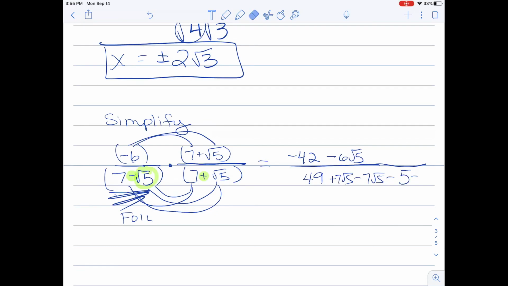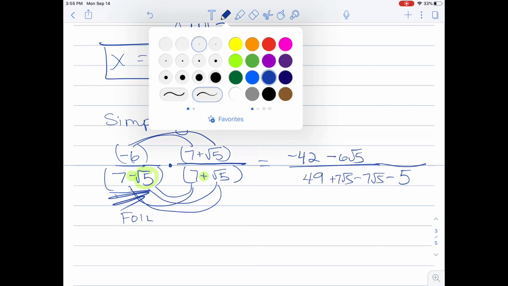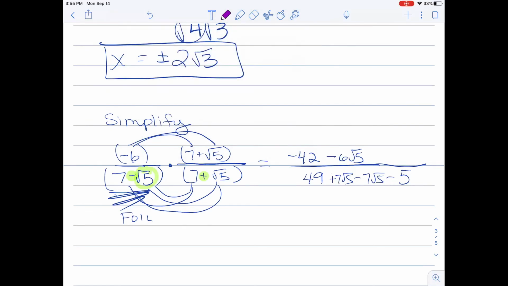So I'm going to go ahead and just replace it with 5 right now. And then we know the positive 7 root 5 and the negative 7 root 5 cancel to 1. And we're left with 49 minus 5, which is 44 in the denominator. And the -42 minus the 6 root of 5 just stays like that.